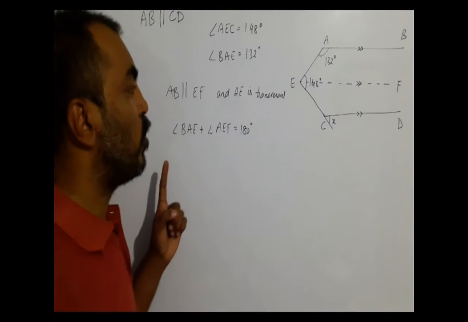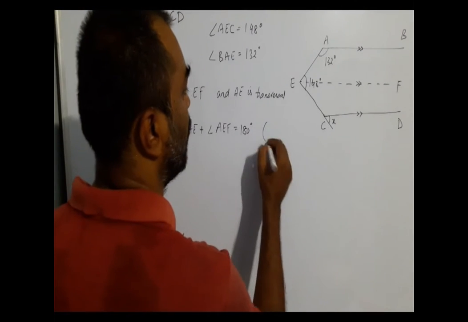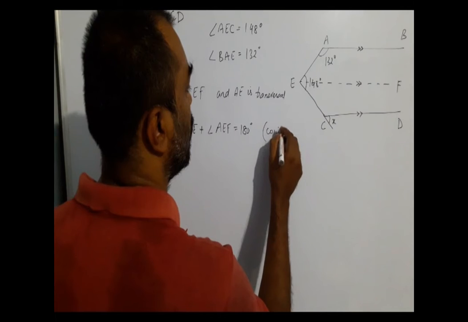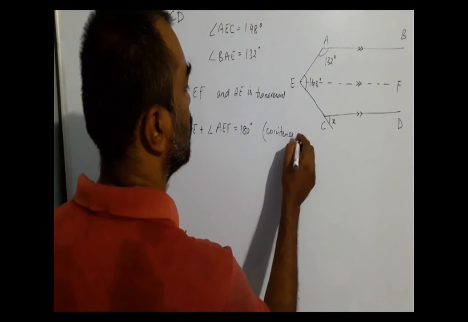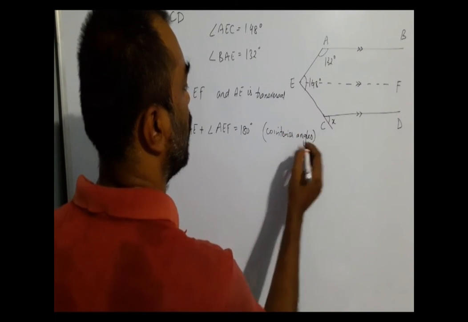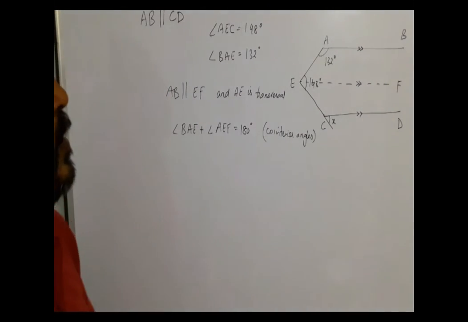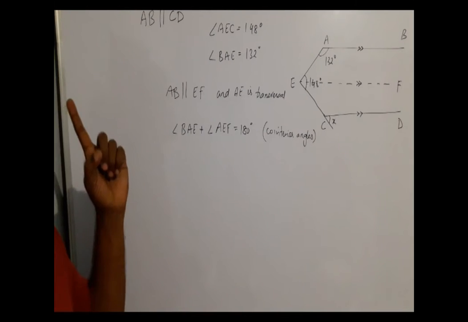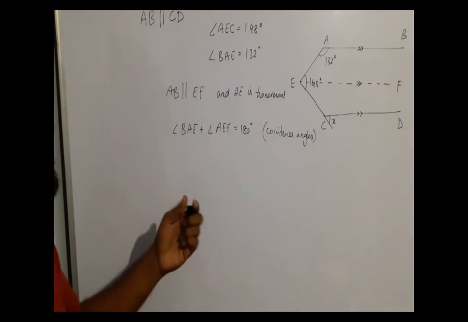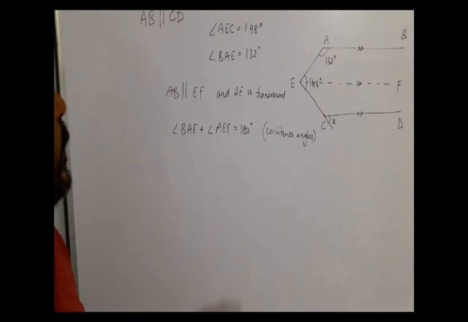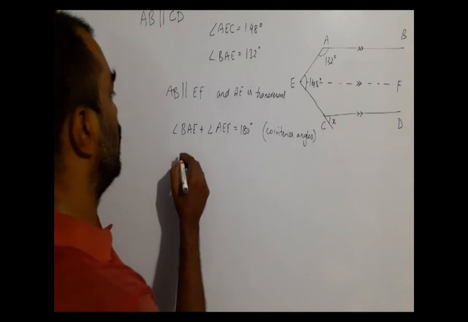Now in the previous sum I have not written the reason, but it is very important to write the reason why they are co-interior angles. So in every step that you do, you are supposed to write the reason. They are co-interior angles. So you should be writing this. In the previous sum we have not written, but there we were finding the values. Now we write the sums fully. BAE is given 132.